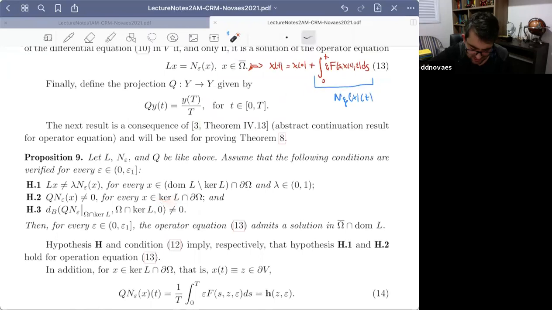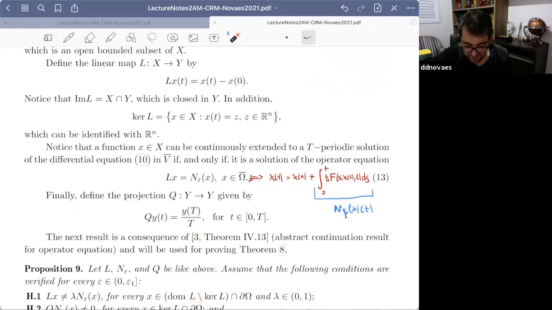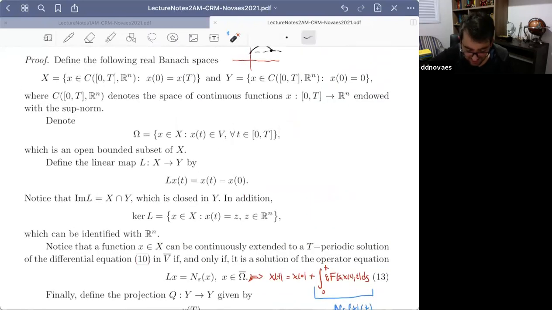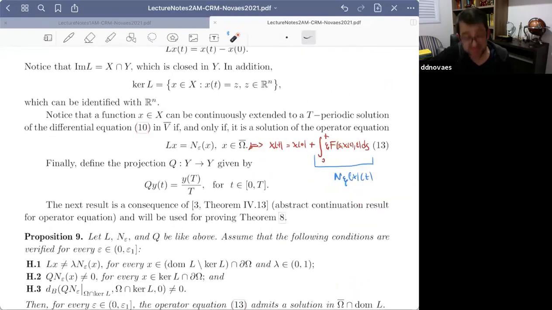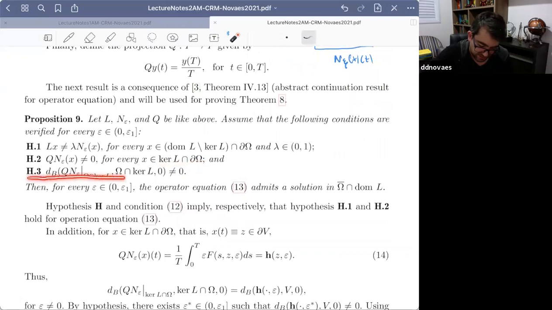So the kernel of L are the constant functions, and the boundary of omega are functions, if we see this definition, such that for some t between 0 and the capital T, it belongs to the boundary of V. Since it must belong at some point to the boundary of V, and the kernel of L is the constant functions, these intersections are just points in the boundary of V. And a last hypothesis is that the Brouwer degree of this function is distinct from 0.